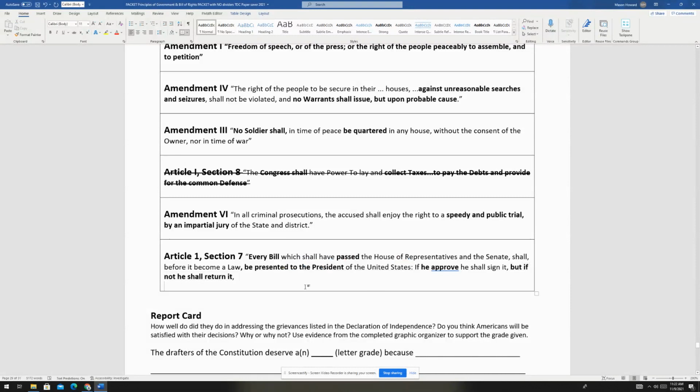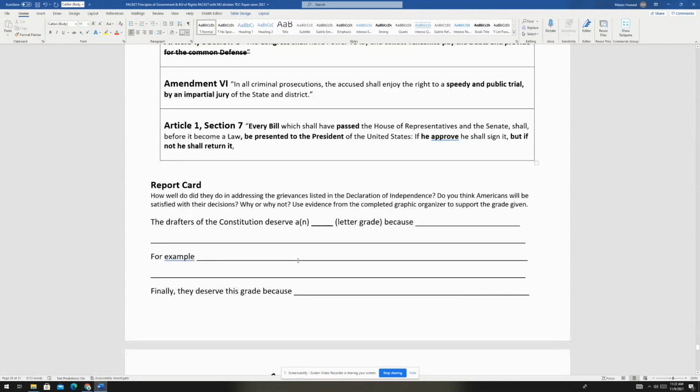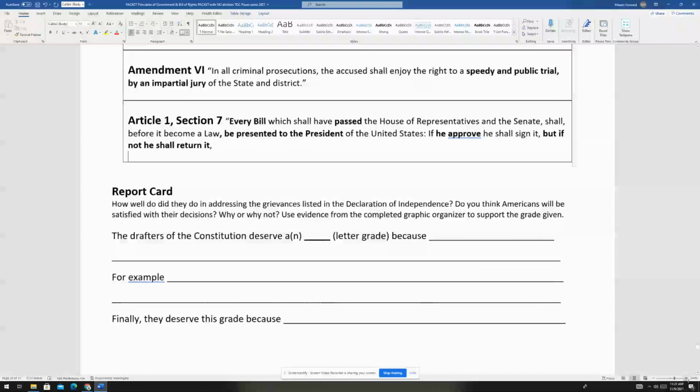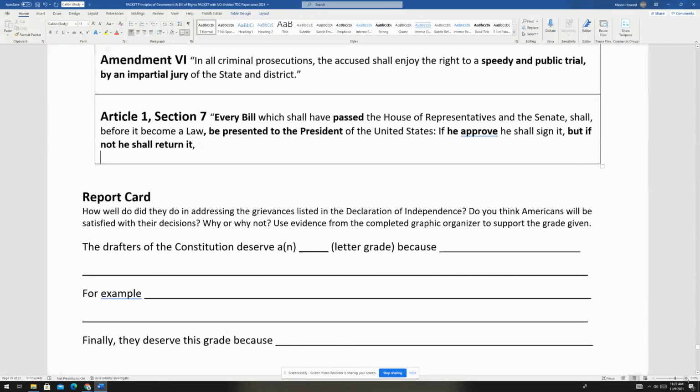Write what's in bold in that box on page 27. Go. Here, I'm going to move this up a little bit so you can see that. Just write what's in bold.